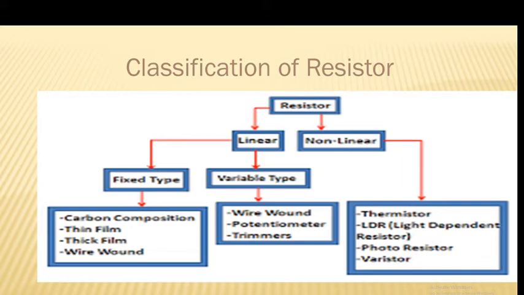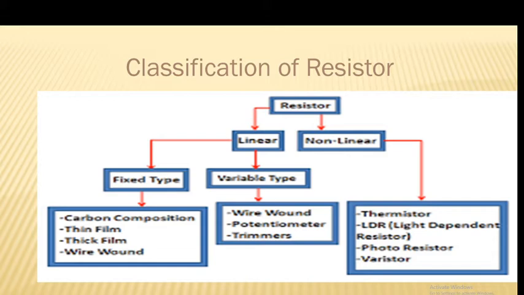This variable resistor has a notch or shaft provided. Whenever we change the position of the notch, there is change in the value of resistance. Variable resistor is further classified into three types: wire wound resistor, potentiometer, trimmer.